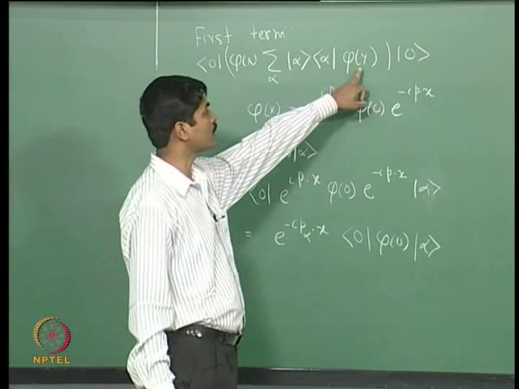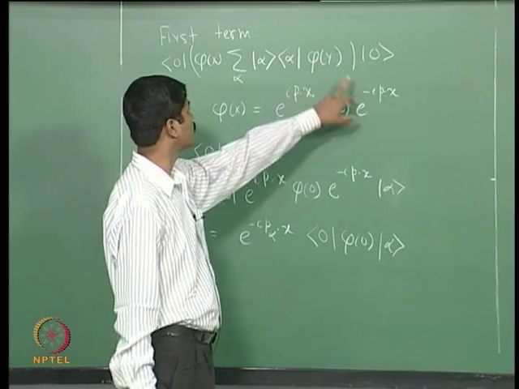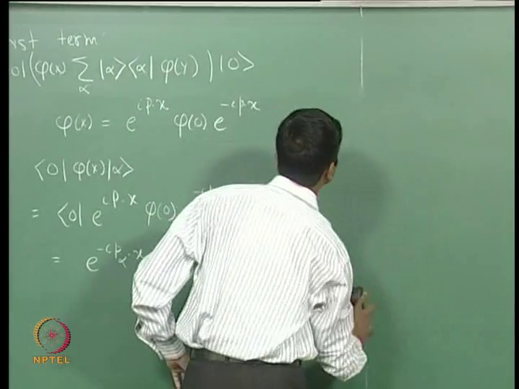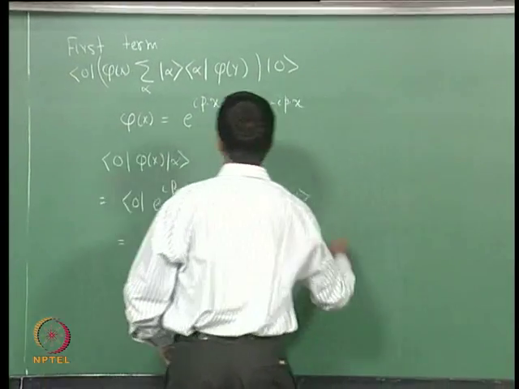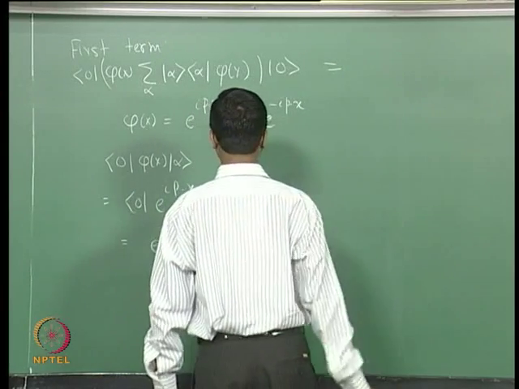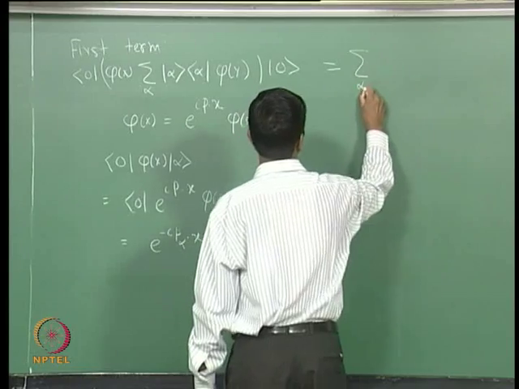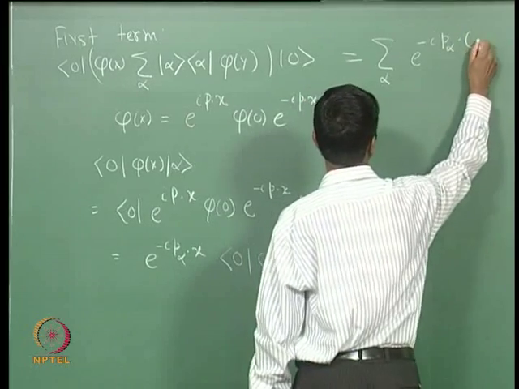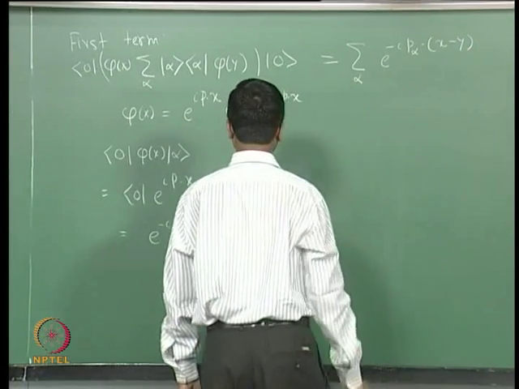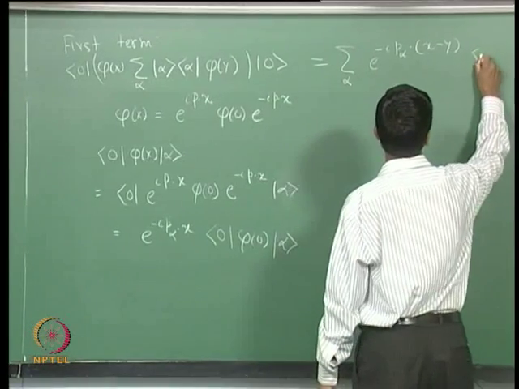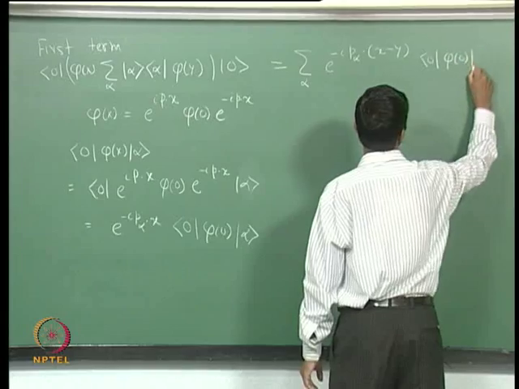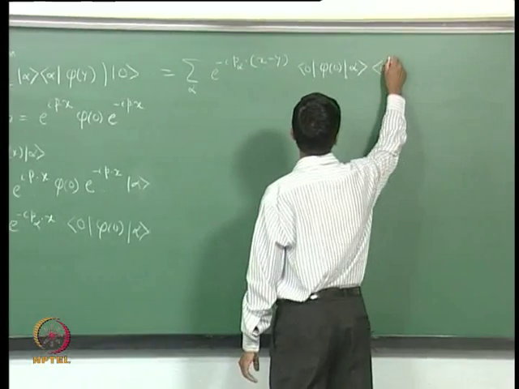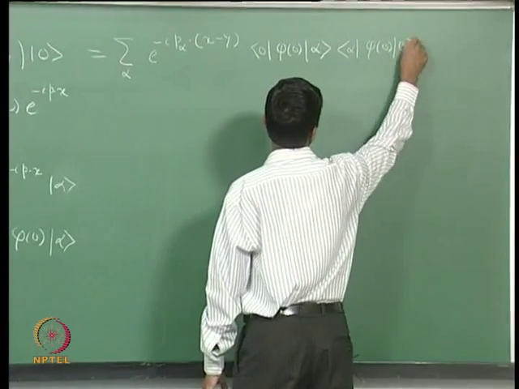You will get a similar expression for the second matrix element, and hence this quantity here becomes sum over alpha, e to the power minus i p alpha dot x minus y, times the matrix elements 0 phi of 0 alpha and alpha phi of 0 0.